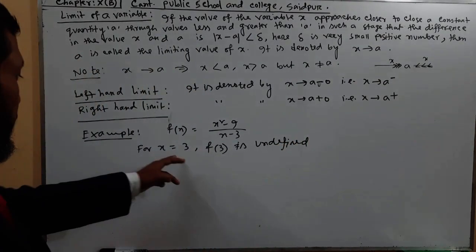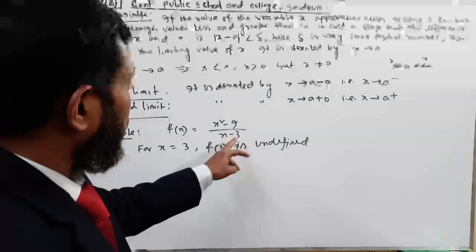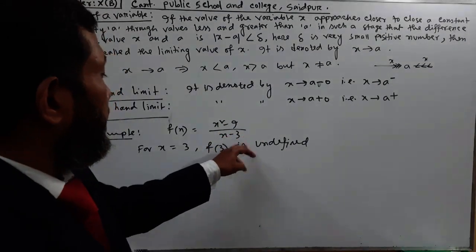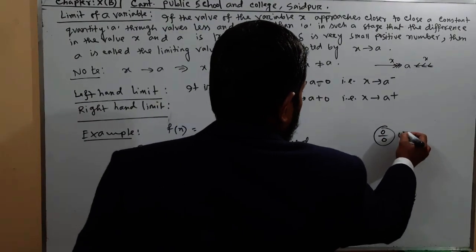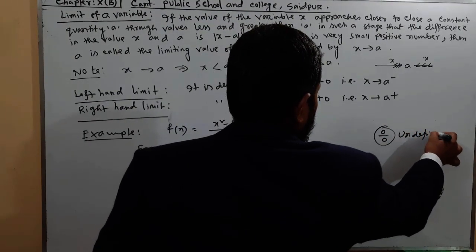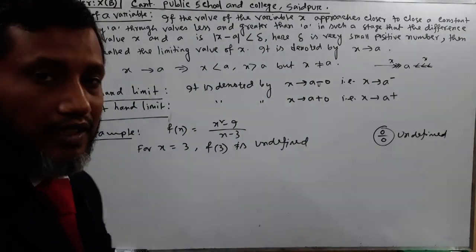If we put x equal to 3, we get 9 minus 9, which is 0, over 3 minus 3, that is 0. 0 by 0 is undefined. So the value at x equal to 3 does not exist.